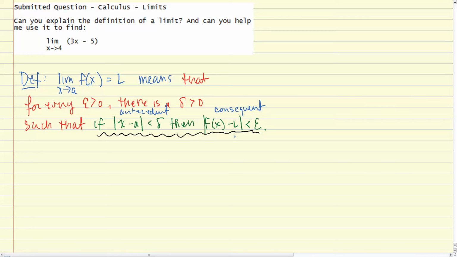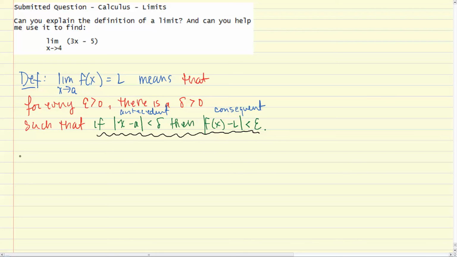That's the standard language for conditional statements. When you work through a proof of these things, you're using the antecedent to prove the consequent. And when we do that, there's a couple of predictable steps that we go through to actually turn that antecedent into the consequent.